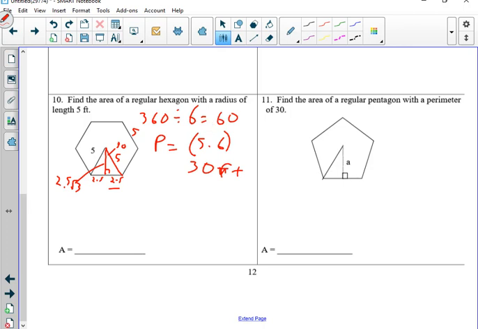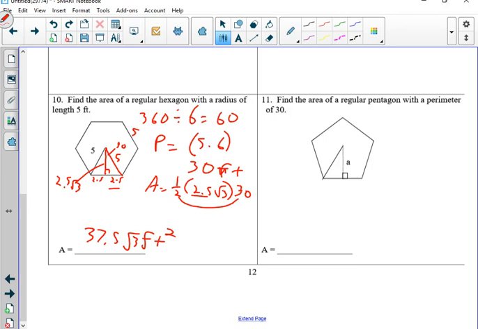That's the perimeter. So the area is 1/2 the apothem, 2.5 radical 3, times the perimeter, 30. So 1/2 of 30 is 15. 15 times 2.5 is 37.5, and the radical 3 just stays.